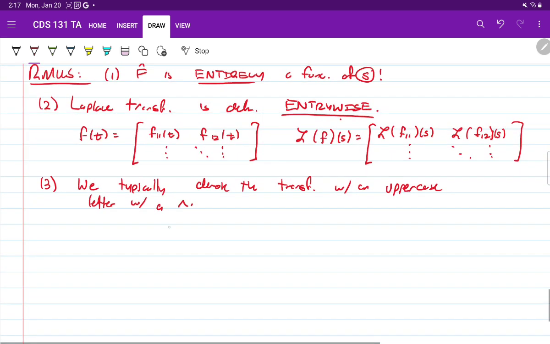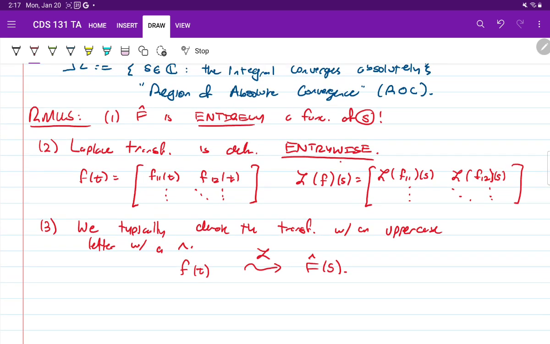So I take f of t, and under L, that becomes f hat of s. This hat isn't used by everyone. If you feel fine not using it, you can go ahead and do that. But the reason I'm including it is that sometimes we'll take the transform of a time domain signal which is already specified by a capital letter. This helps reinforce the fact that we are talking about the transform and not the original time function.